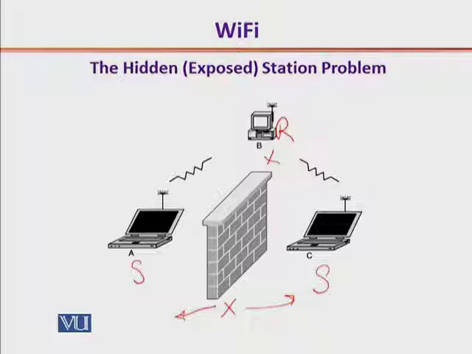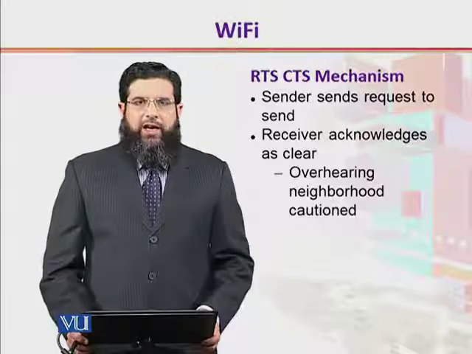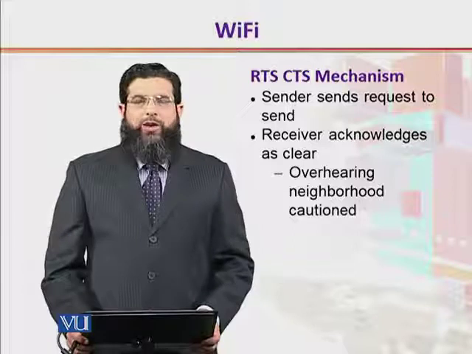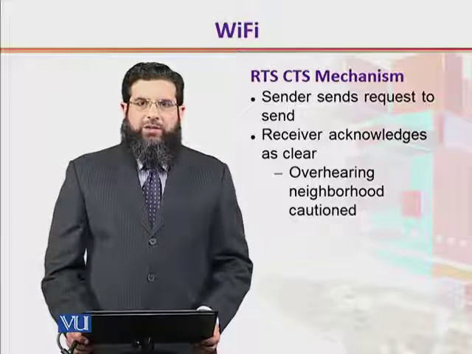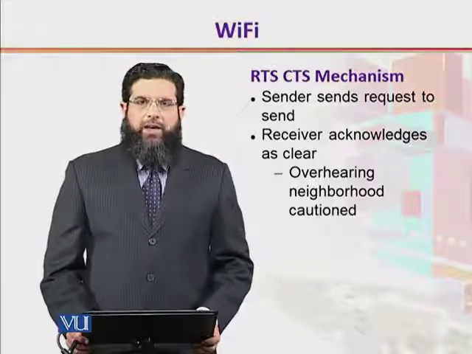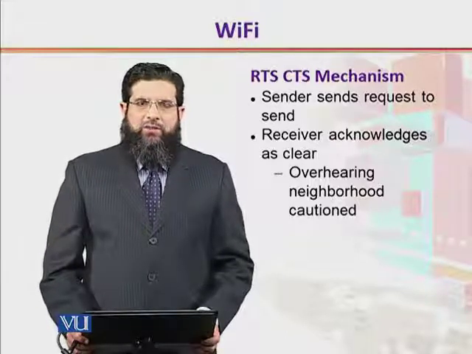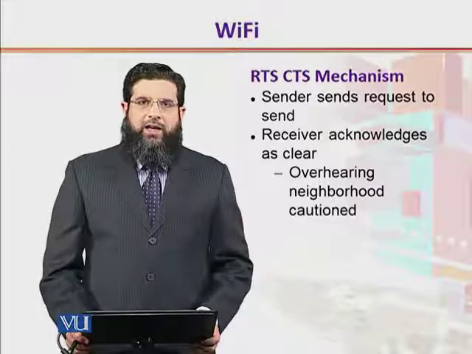Now, how does Wi-Fi resolve the problem? Wi-Fi uses the RTS-CTS mechanism. Here we have A and C as senders. Before actually transmitting, the sender sends RTS, that is, request to send. When B receives RTS either from A or from C or from both, it can behave in a rational and correct way.